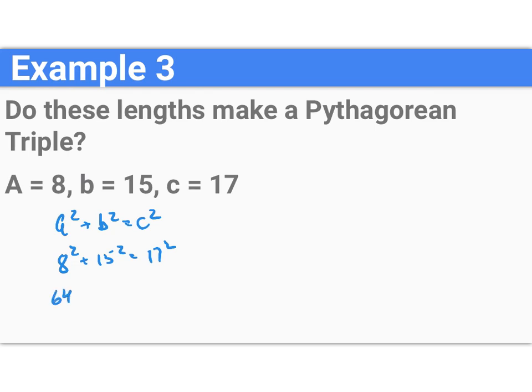So 64 plus 225, does it equal 289? And it looks like it does. All right, so this is what you call a Pythagorean triple, where the sides are two integers and the hypotenuse is an integer, a positive integer. And there are several Pythagorean triples out there.